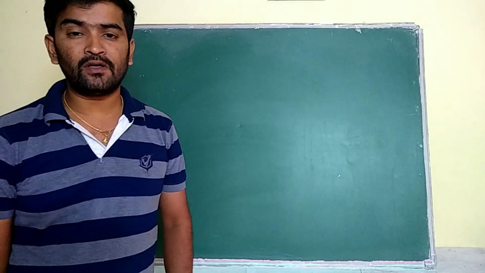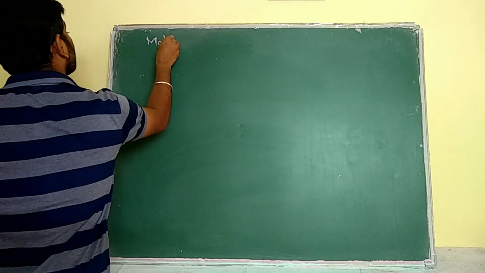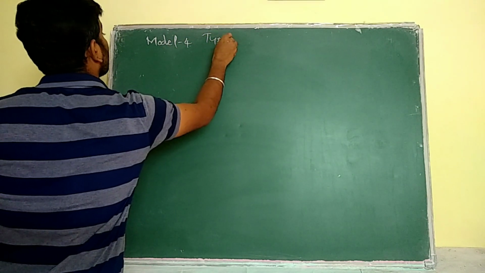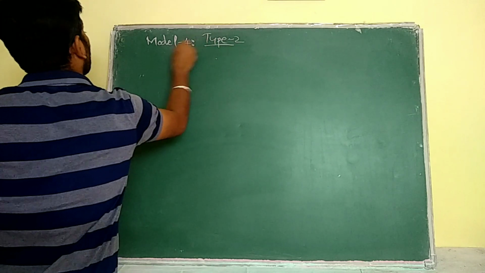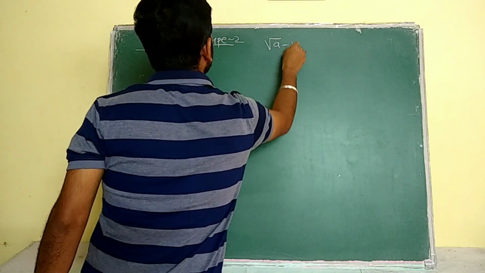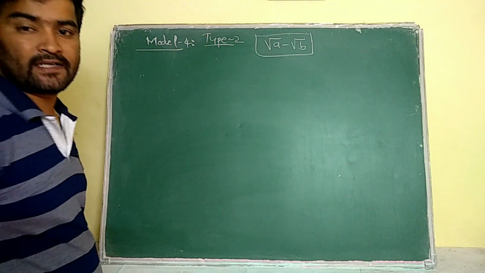Now the model for type 2, that is root a minus root b as an irrational number.